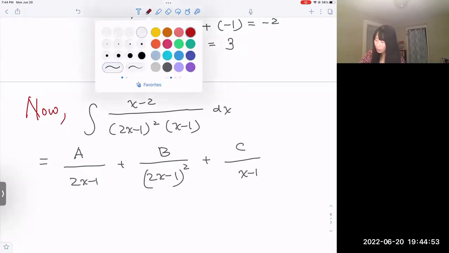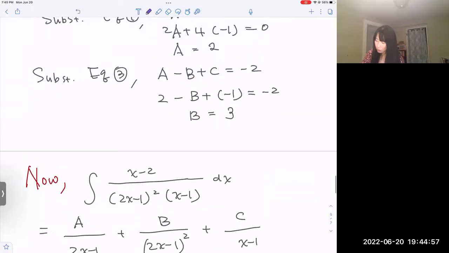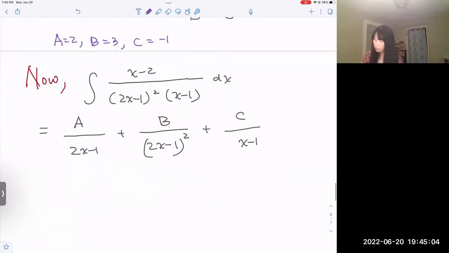Okay, so we had a equal to 2, b equal to 3, c equal to -1, right?